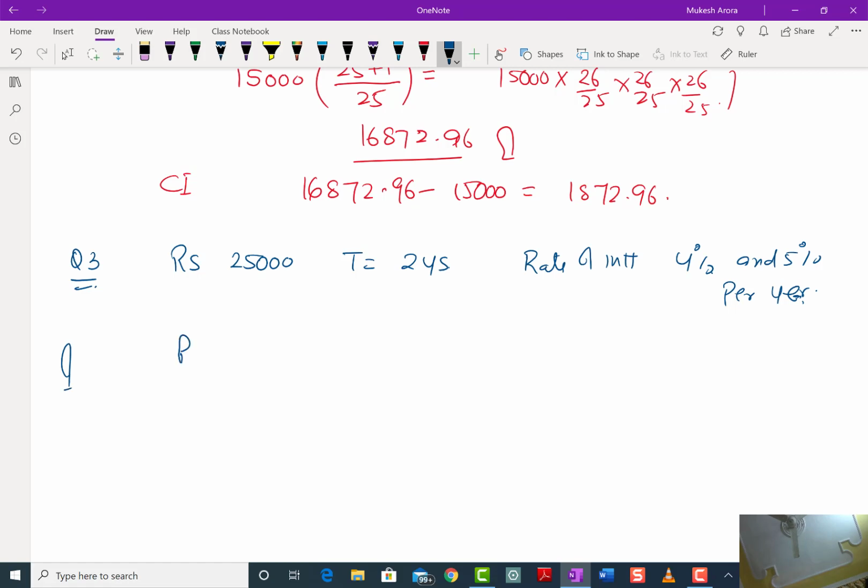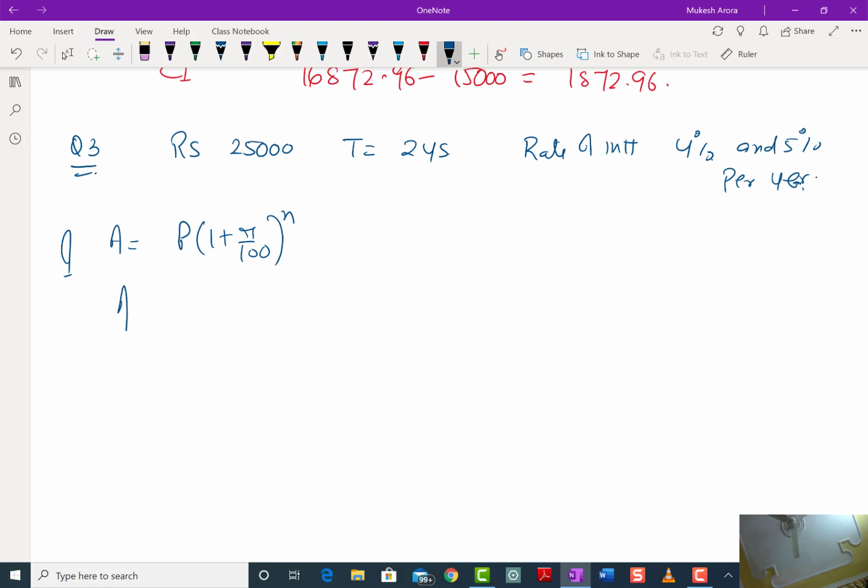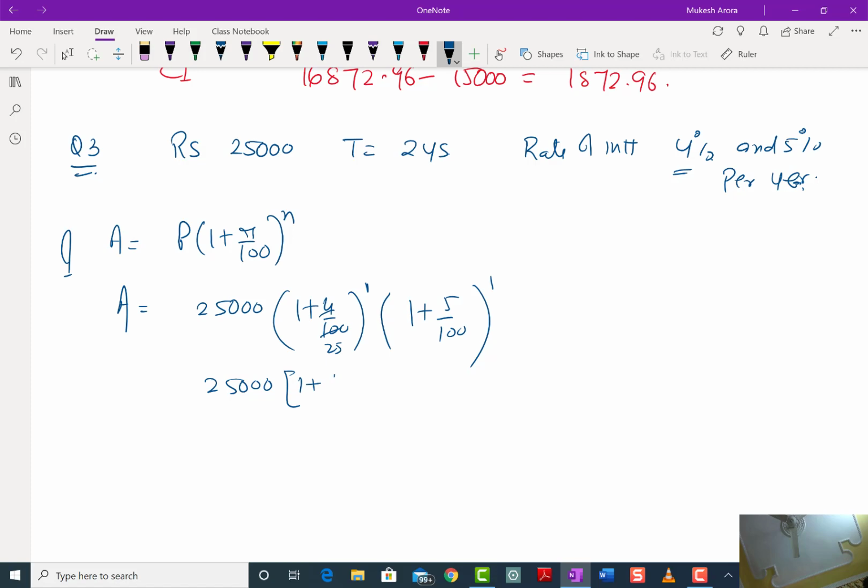and 5% per year. Now in this question the rate of interest is different for the first year and the second year. Amount is equal to principal into (1 plus R upon 100) raised to the power n. Amount is equal to 25,000 into (1 plus 4 by 100) for the first year, into (1 plus 5 by 100) raised to the power 1 for the second year. That is 25,000 into (1 plus 1 by 25) into (1 plus 1 by 20).